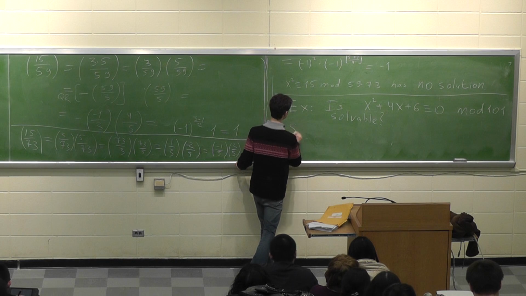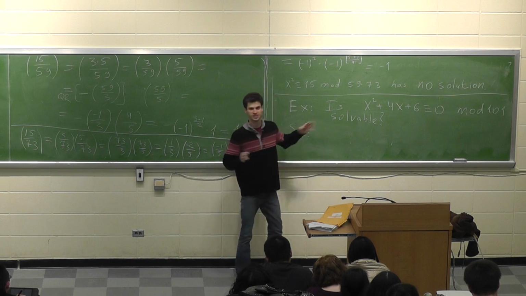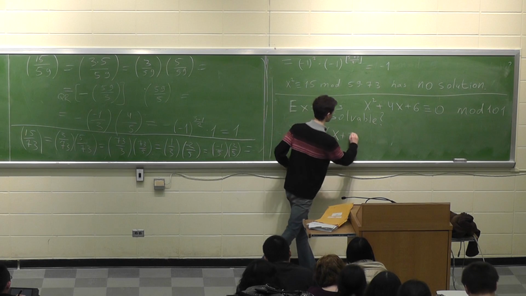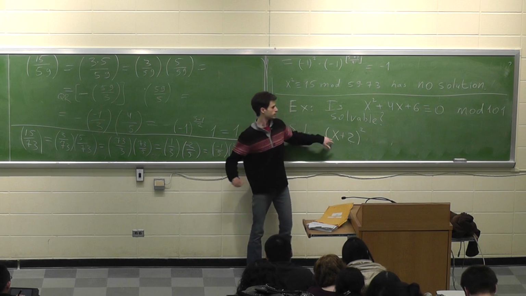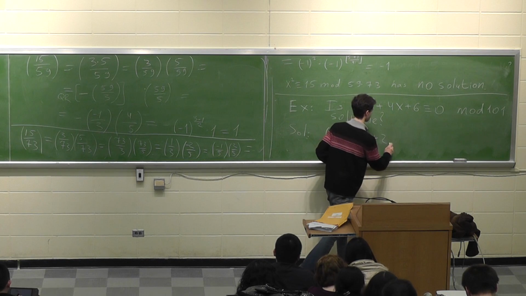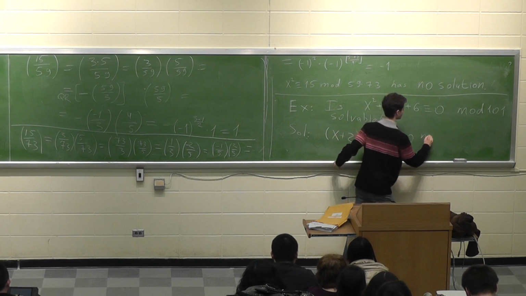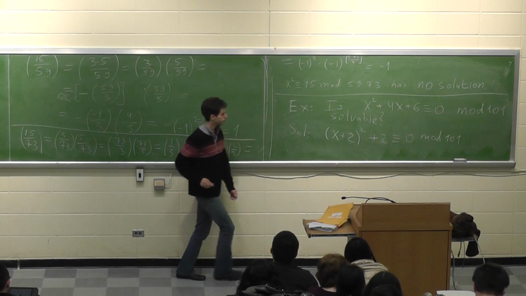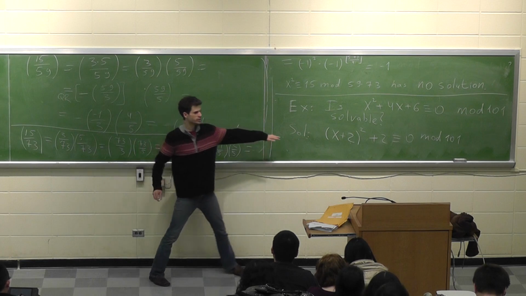So, solution. Let's complete the square. That's the simplest way to solve a quadratic equation properly. x plus 2 squared plus 2 is congruent to 0 modulo 101. So this equation has a solution.